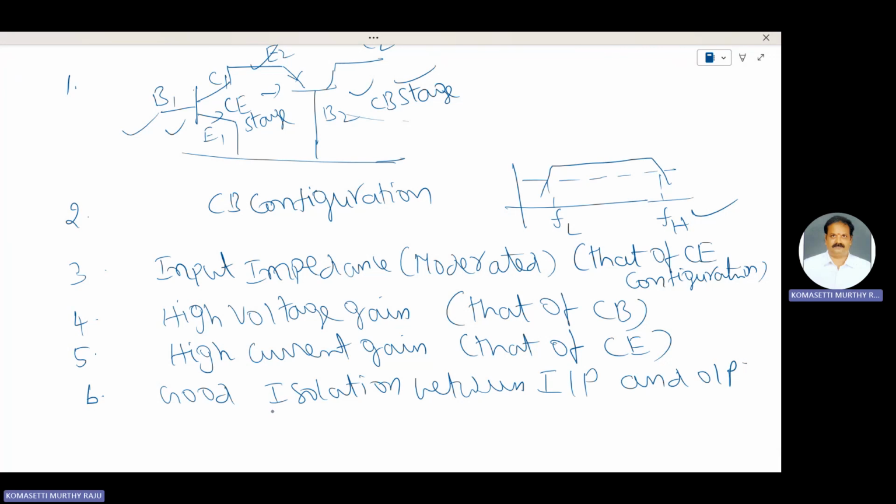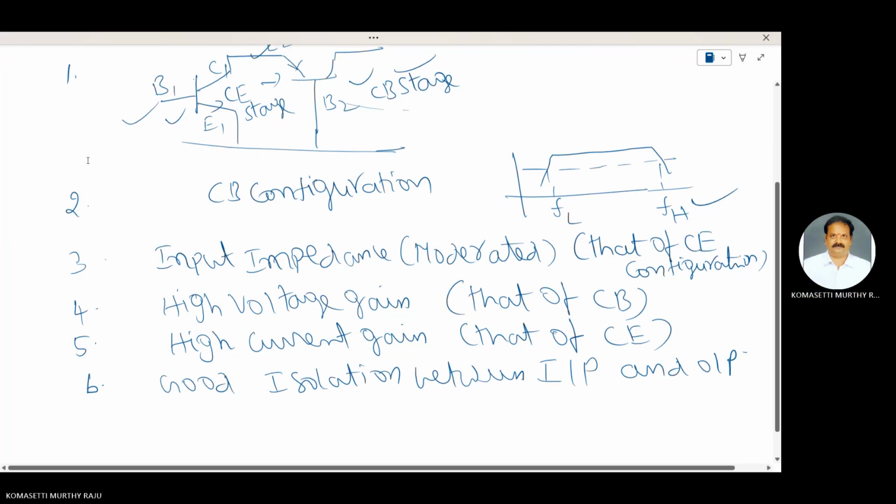As a result, the Miller effect is eliminated. The higher cutoff frequency range is increased so that bandwidth is much higher. Good isolation between input and output means higher bandwidth.